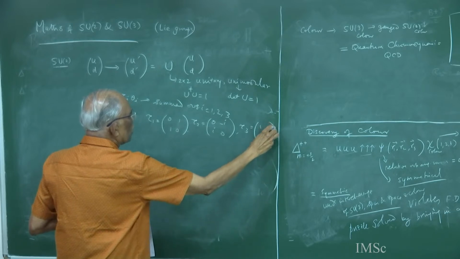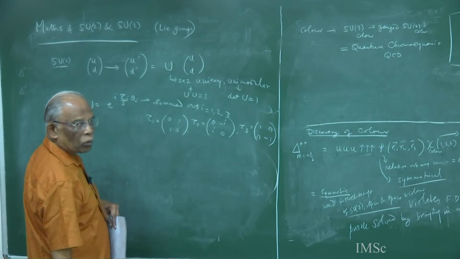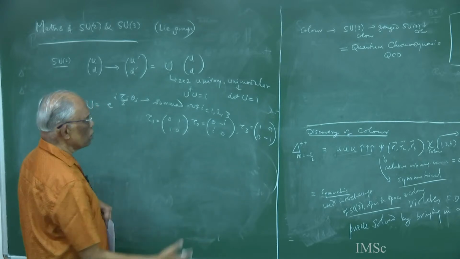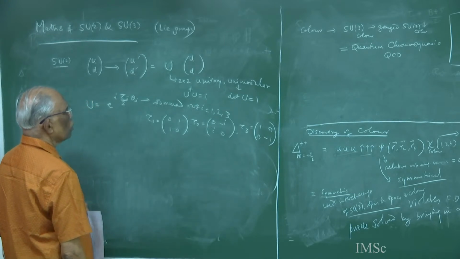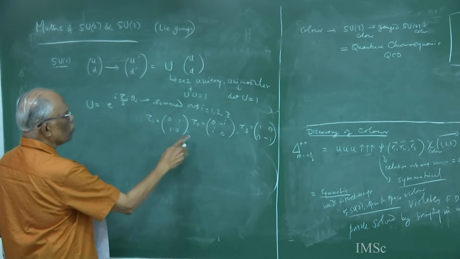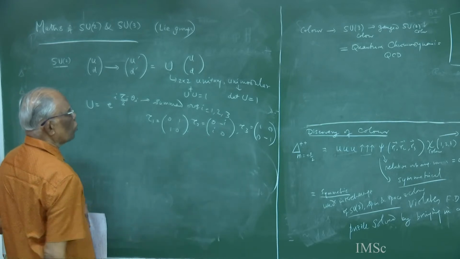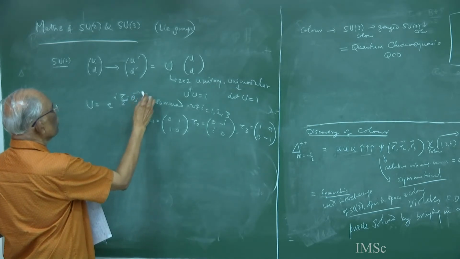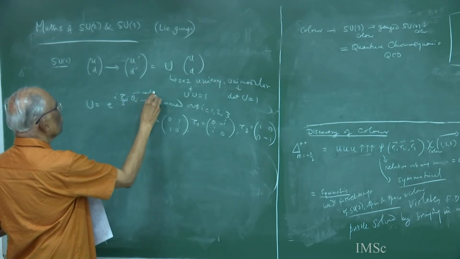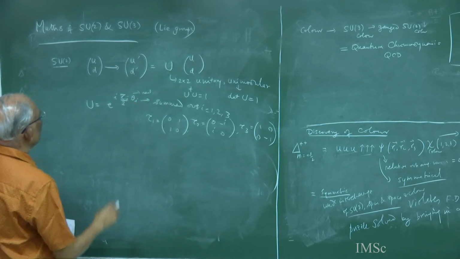I hope all of you can recognize these. These are the famous Pauli matrices which come when you talk about angular momentum theory or spin half. These are the 3 components of the spin vector. There it is called sigma 1, sigma 2, sigma 3, but here it is isospin, so I have changed the name to tau 1, tau 2, tau 3, that is all. Multiply them by 3 real numbers, and take the exponential.